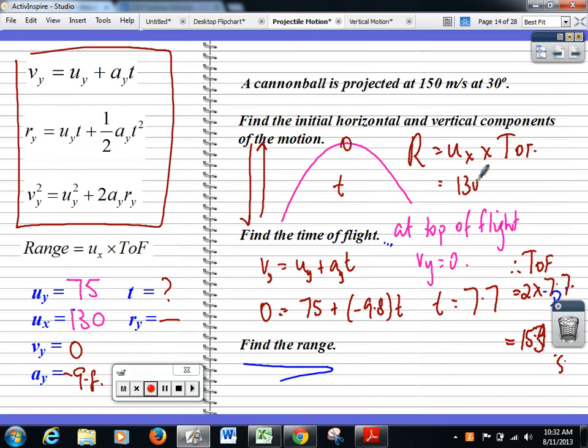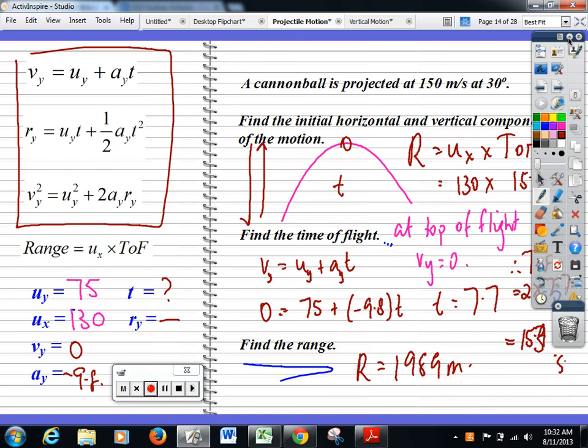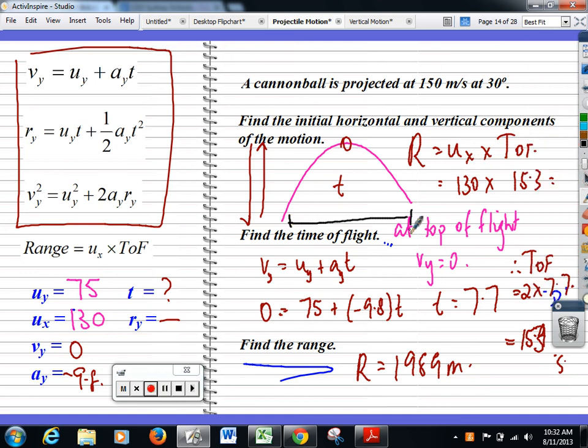Have we found the time of flight? 15.3, and that means we've got a range of 1989 metres. So what have we just found? We've discovered how far it's moved sideways when it strikes the ground.